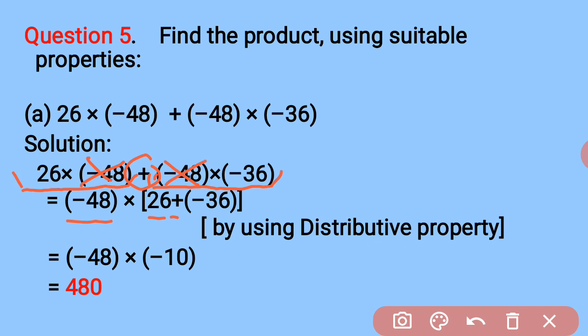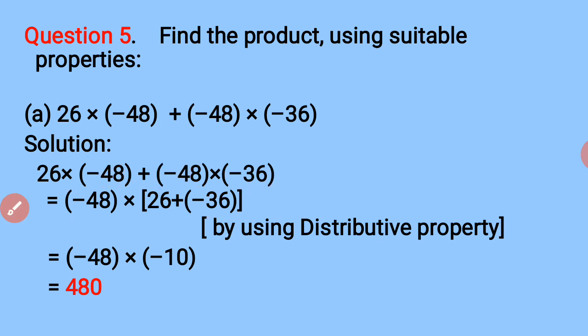Minus 48 has already gone out, so you have just minus 36 inside the second tray. So that minus 36 is noted down. And we get the next statement: minus 48 multiplied by, inside the bracket, 26 from the first tray and minus 36 from the second tray, with the plus sign that was exactly between the trays. This is how you get the next statement, and we call this property the distributive property.